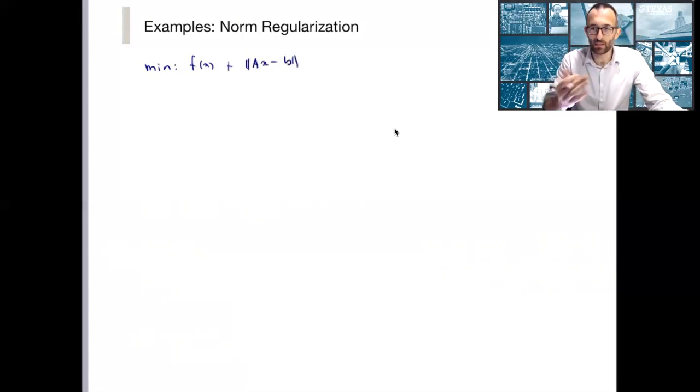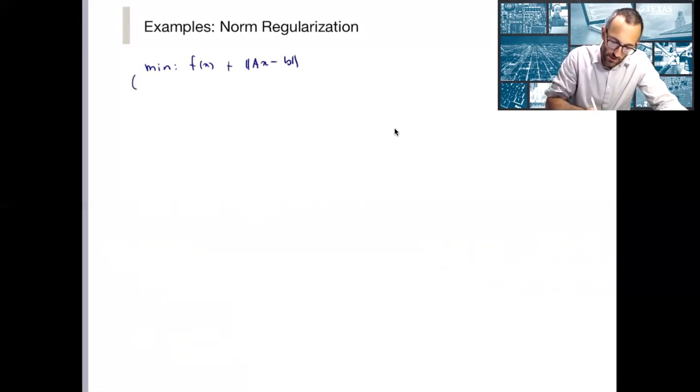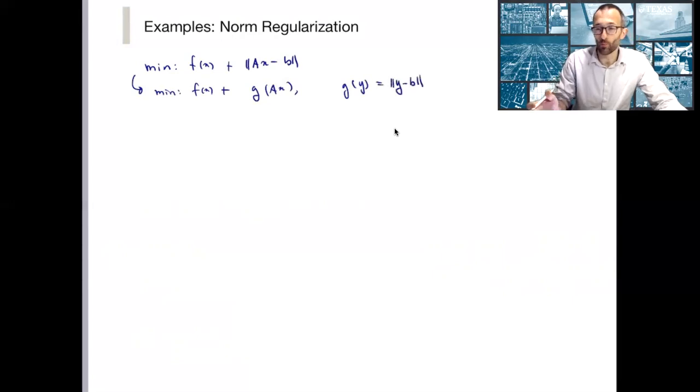This is already in the form of minimize f of x plus g of Ax, and here g of y is just equal to the norm of y minus b, in whatever norm we have. Okay, so we know the dual.